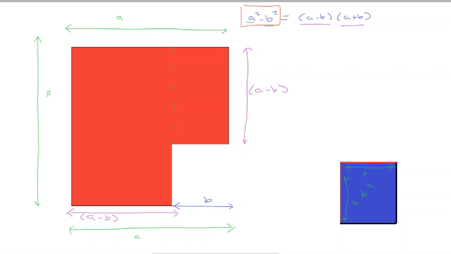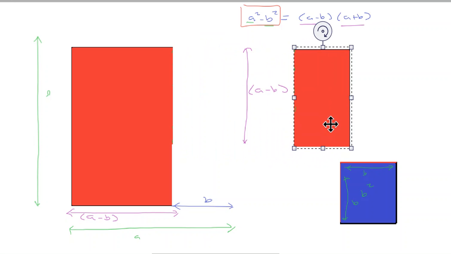What I'm going to do is remove this piece up here. We know that this is a, so I'm just going to move this out of the way. So if we cut this off, roughly speaking, imagine we cut this section off like so. This is dimension b along the bottom and it's dimension a minus b.